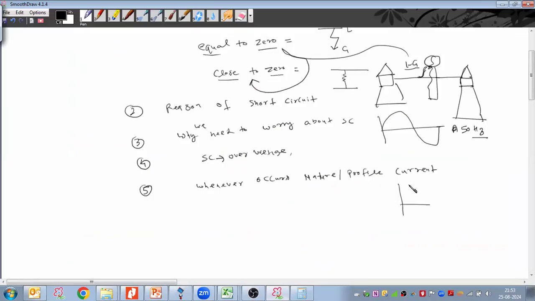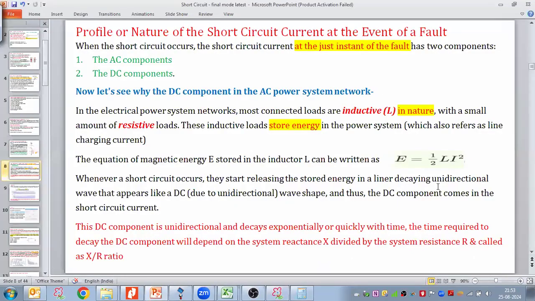Unidirectional means there is one direction. It starts decaying as a unidirectional wave, and that wave appears like a DC due to its unidirectional shape, right?